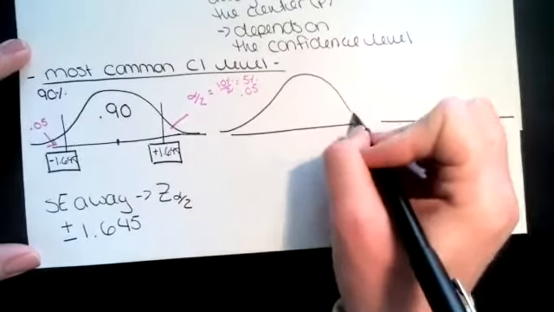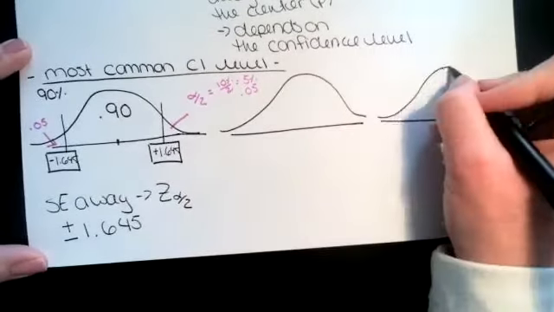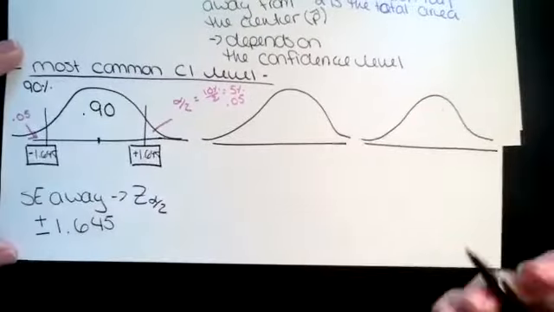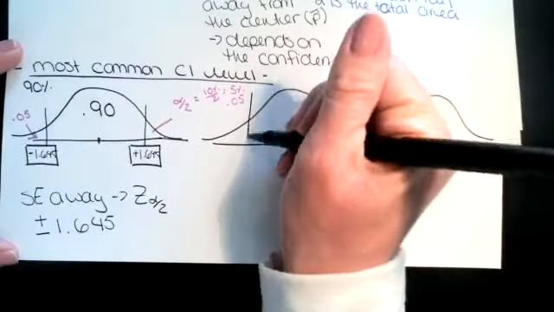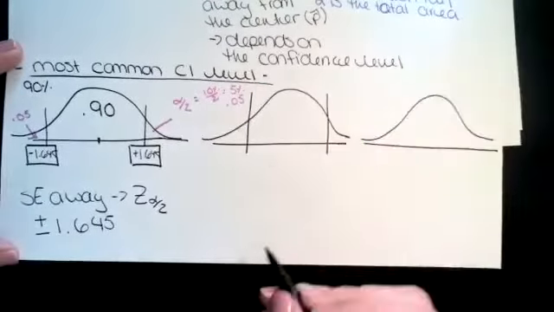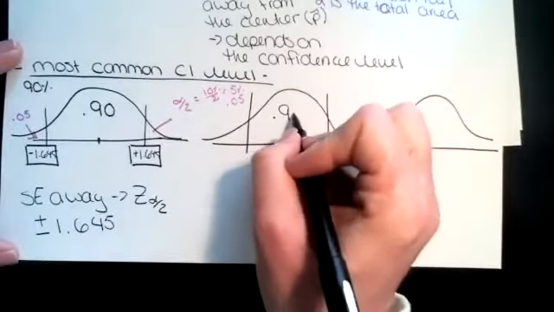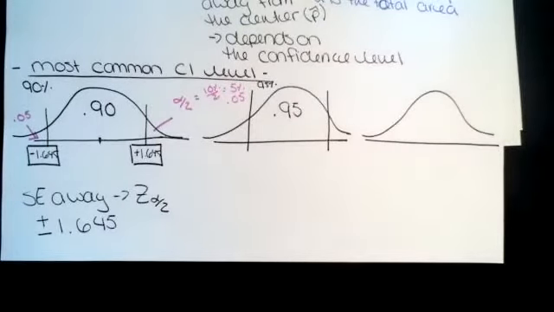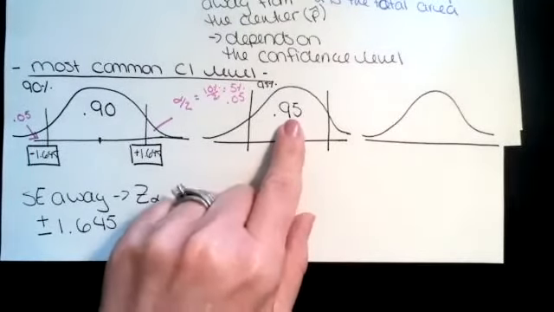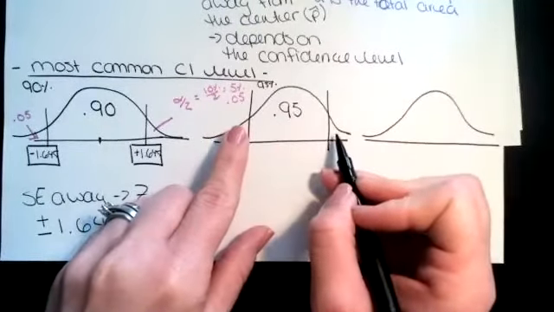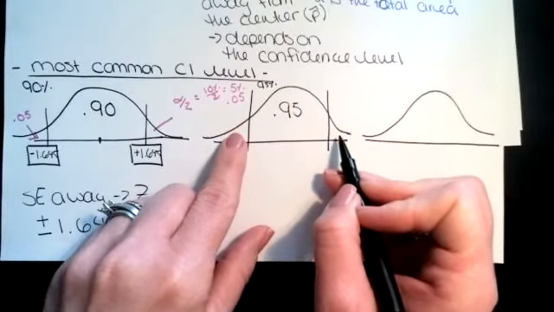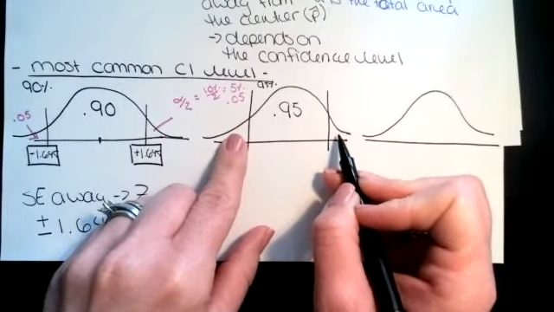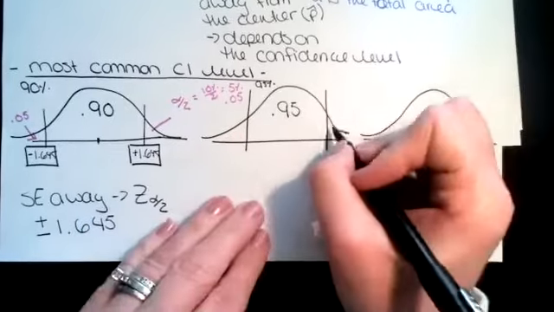So let's take a look at the other two, the 95 and the 99. My 95 here says 0.95 is in the middle. If 95% is in the middle, then the area in my tails between both of them, alpha, is 5%. 100 minus 95 is 5. I'm going to divide it by 2.